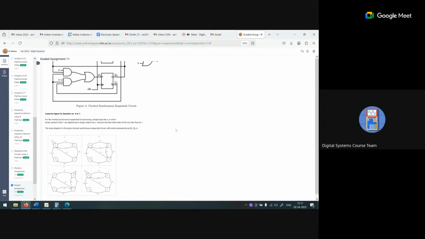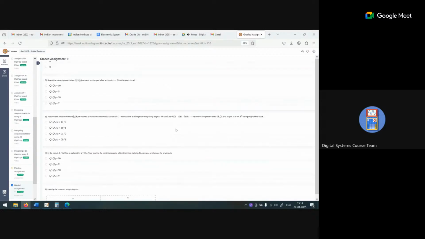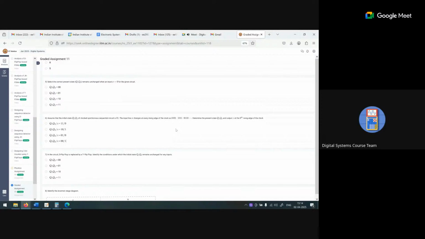Now what he is saying is that the input line X changes at every rising edge of the clock. That means when the clock rising edge comes, the input line will change. Sometimes it is 0, 1, 0, 1 in this way.